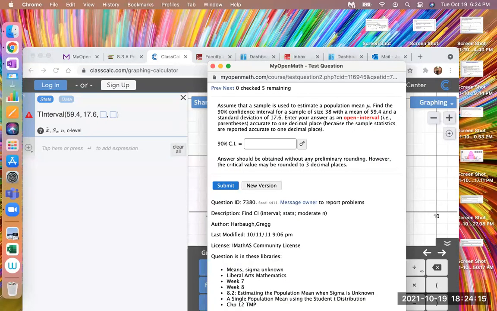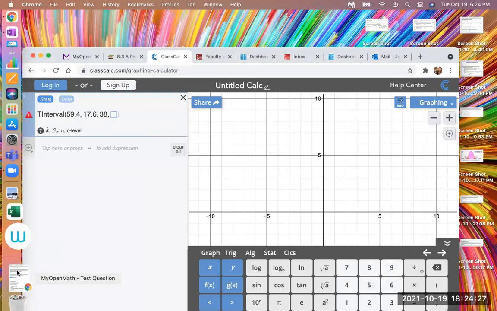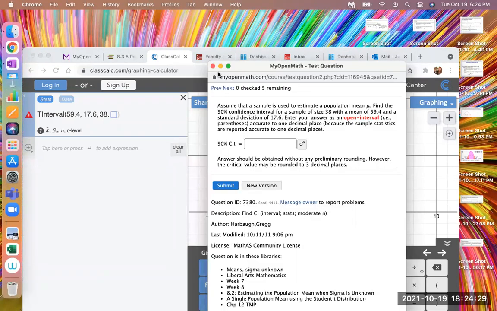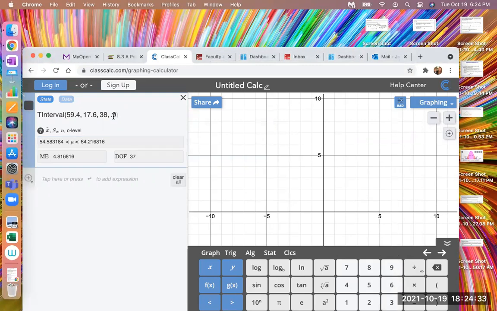The next is your n, which is 38. The sample size is 38. n is always the sample size. And then the confidence level, let's just go back one more time. It was 90%. So we always put that as a decimal, 0.9. Then look at what happens here.